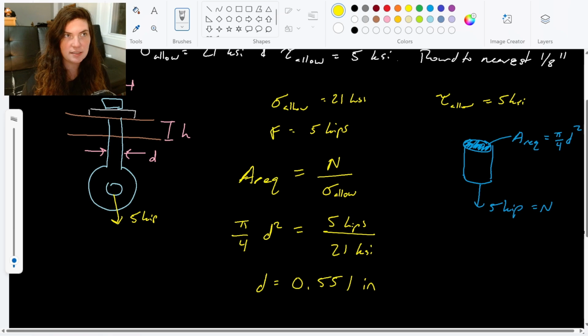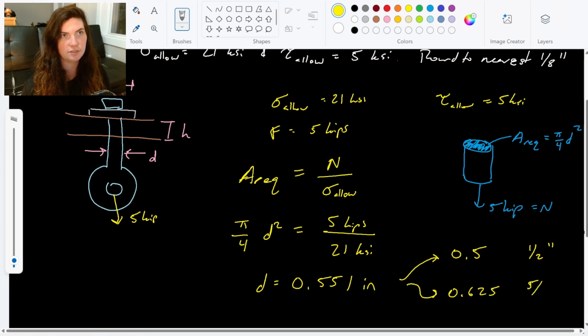In this case, do we round up or down? Our two nearest are 4/8, which is 0.5, so a 1/2 inch, or the next eighth, 0.625, which is 5/8 of an inch. So which one of these do we go with?